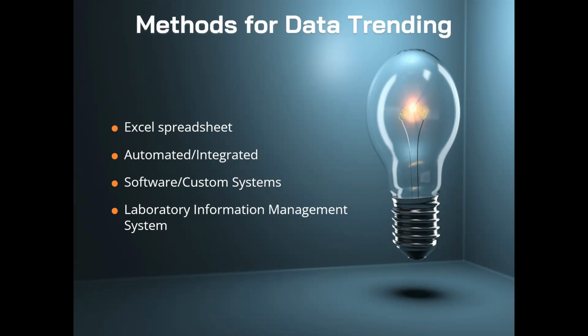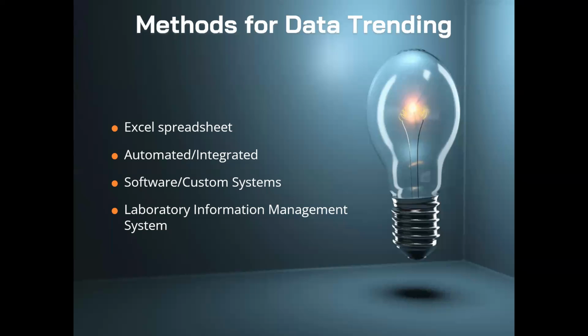Many companies have partially automated software built into their sampling device. Some systems are highly automated, with both hardware and software fully integrated into their overall food safety management system.